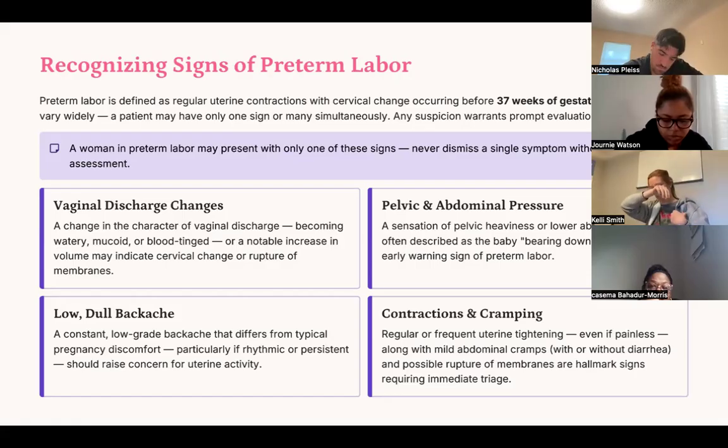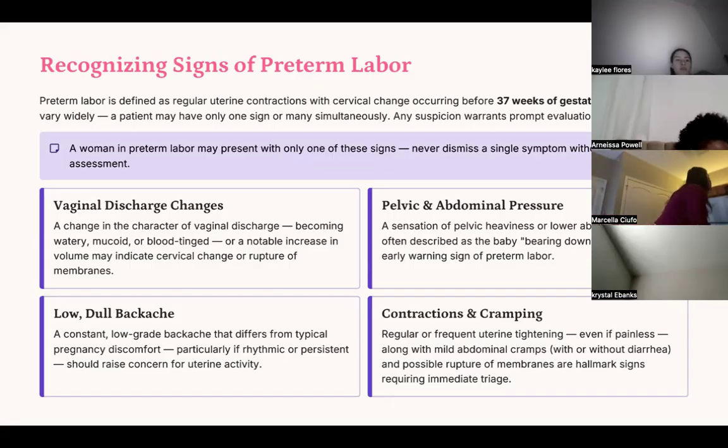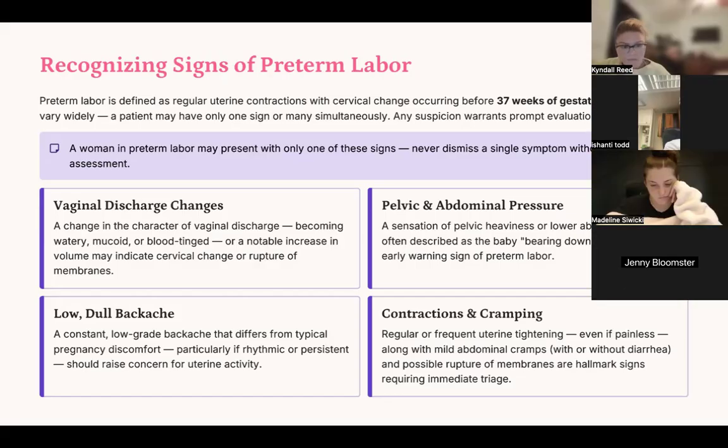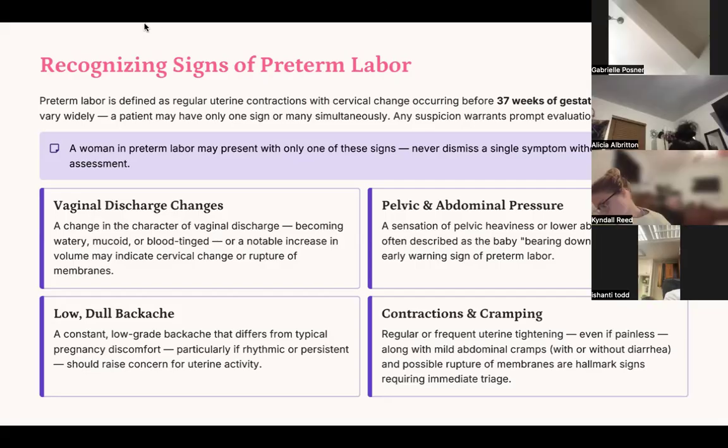A low, dull backache. So a constant low-grade backache that differs from usual pregnancy discomfort. These can be contractions. If mom is complaining of a low, dull backache, especially one that is rhythmic or persistent, that can indicate that mom is having contractions. And then obviously contractions themselves.